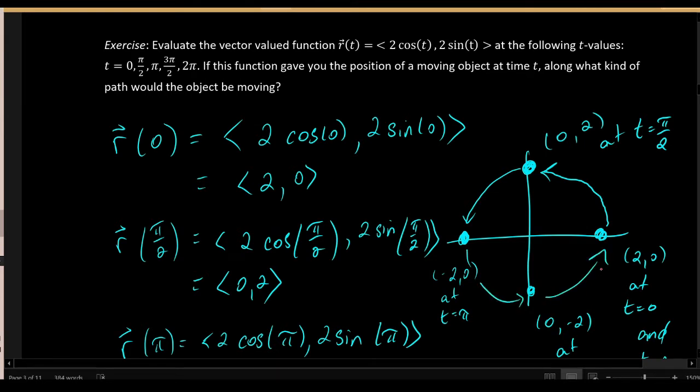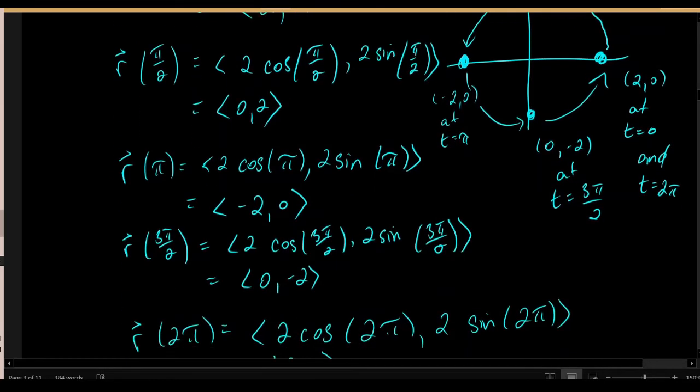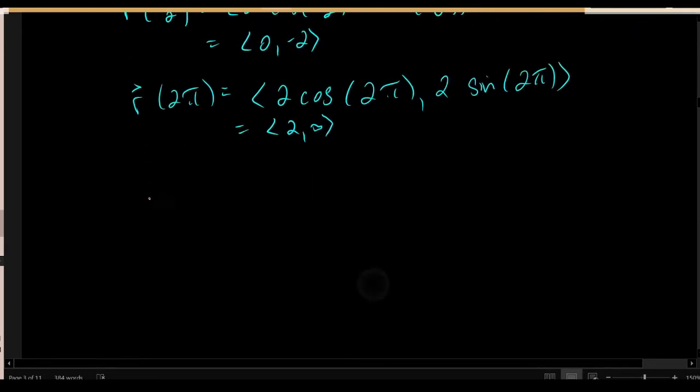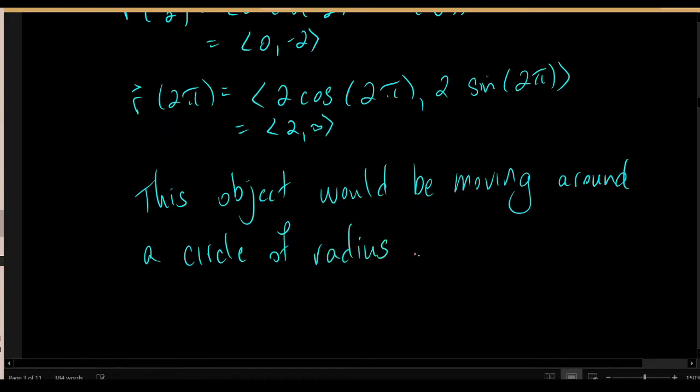And as t continued to increase, this vector-valued function would continue to spin around and around the unit circle like the hand of a clock. So in answer to this question, this object, whose position is represented by r of t, would be moving in a circle of radius 2 counterclockwise.